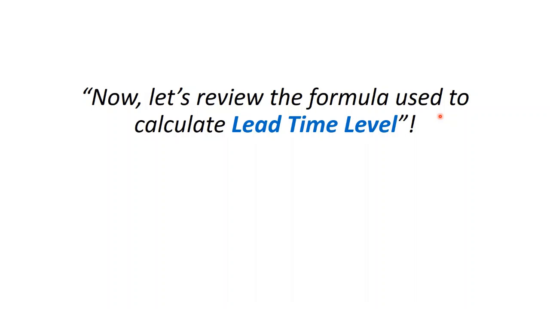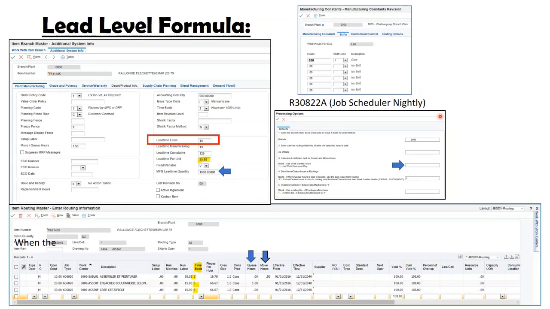Now let's review the formula used to calculate the lead time level. Remember how we just walked through and got to the calculated 10 for our item F611405? It takes 10 days to manufacture 1,000.